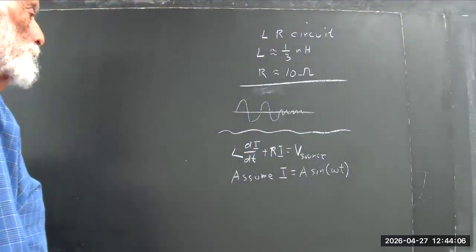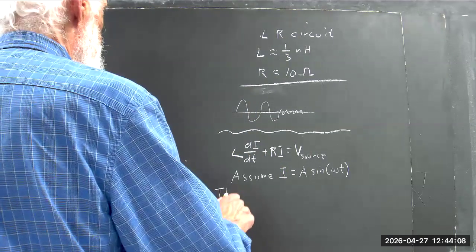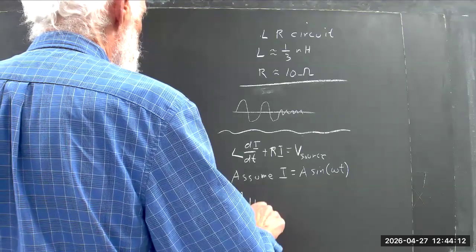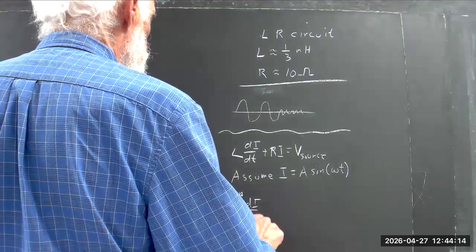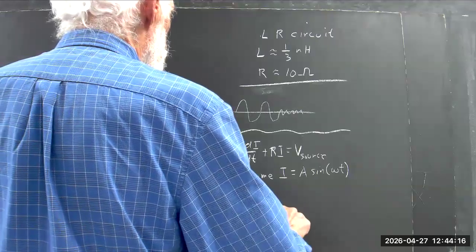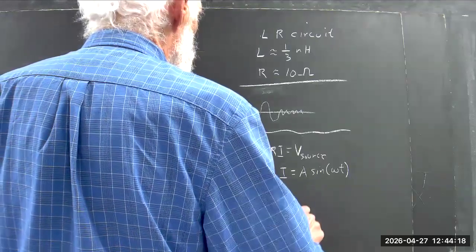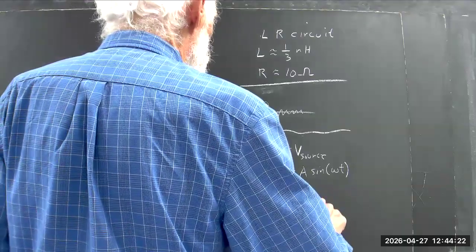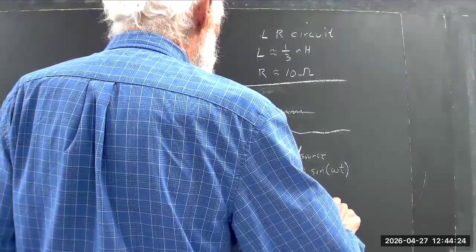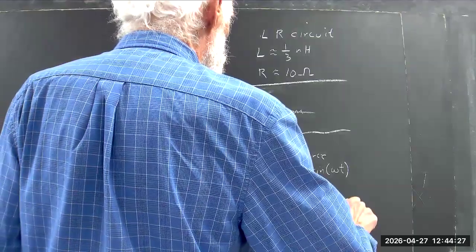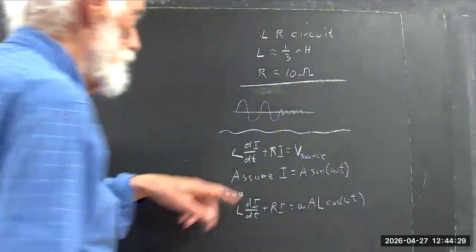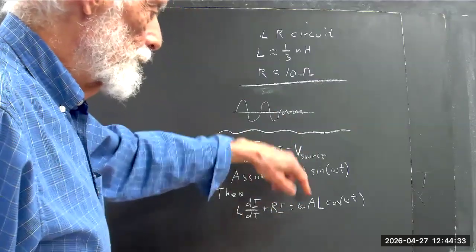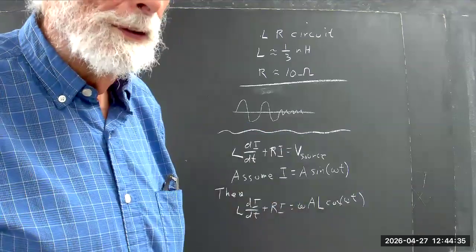If you assume that I equals this, then L di dt plus Ri equals omega A L cosine of omega t plus R A sine of omega t, because of course, if I equals A sine of omega t, di dt is A omega times the cosine of omega t.